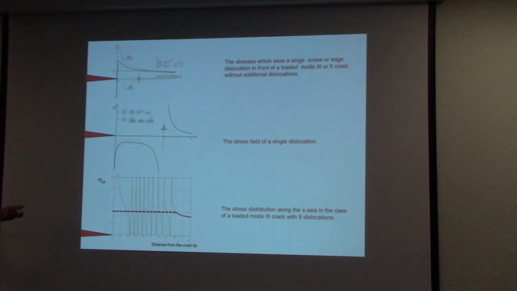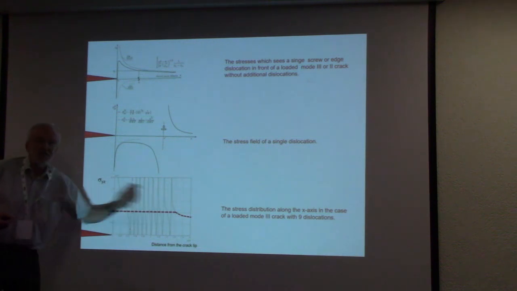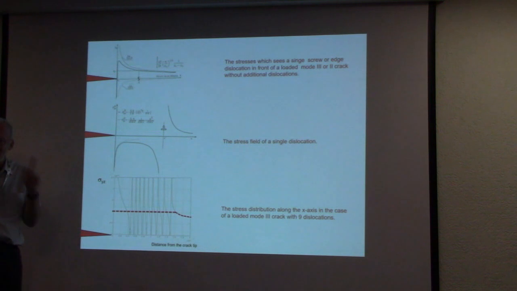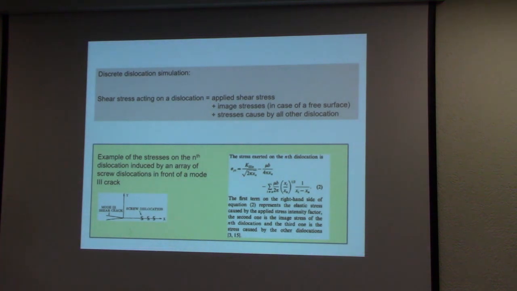But that's not true. The mean stress is low. The local stresses can be in the order of the theoretical strength. And you will never have a debonding of atoms when you are not in the order of the theoretical strength. That's what you should always take into account when you think about fracture.